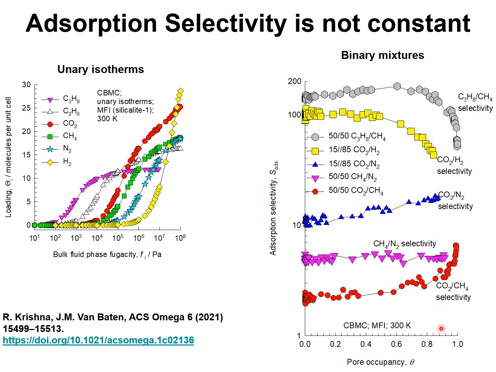This is because when the pores get increasingly filled up, the vacant spaces are more easily filled by the guest component that has the higher saturation capacity. This is an entropic effect, and further details are provided in my publication ACS Omega 2021.